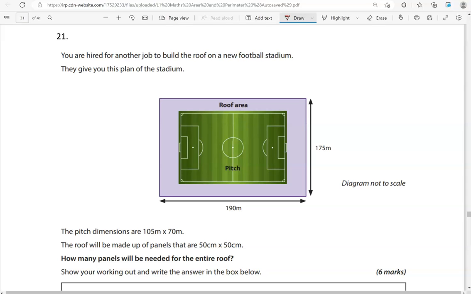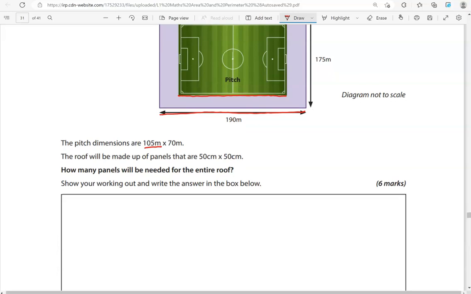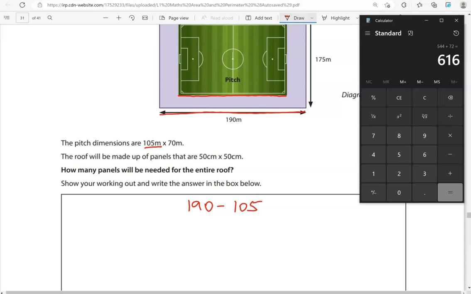So we've got the roof area given in purple. It's colored in purple, and it's around the stadium. So the length here is 190 meters, and the length of the football pitch is 105 meters. So if I take away 105 from 190, it gives me 85.